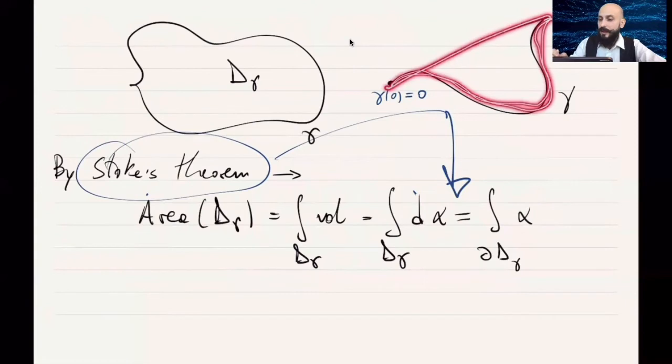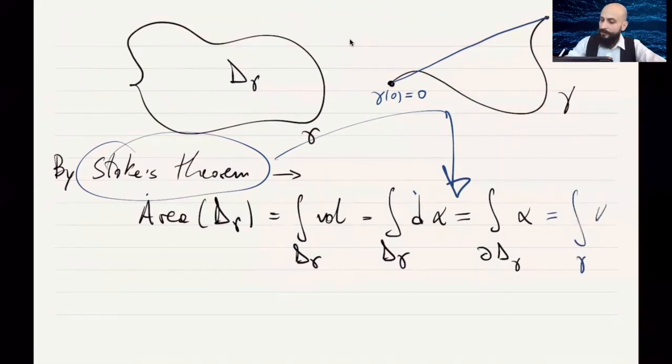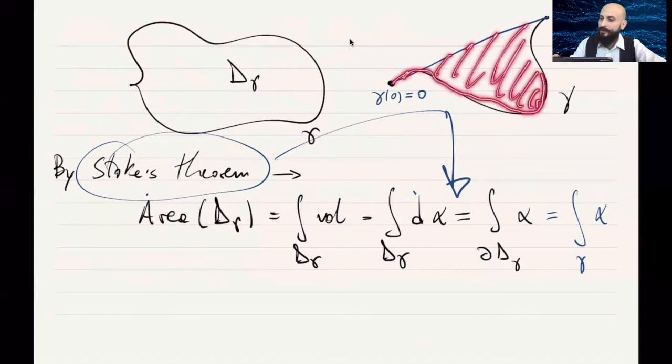Which means that integrating alpha on gamma gives the area enclosed by gamma and the straight line connecting 0 to gamma 1.